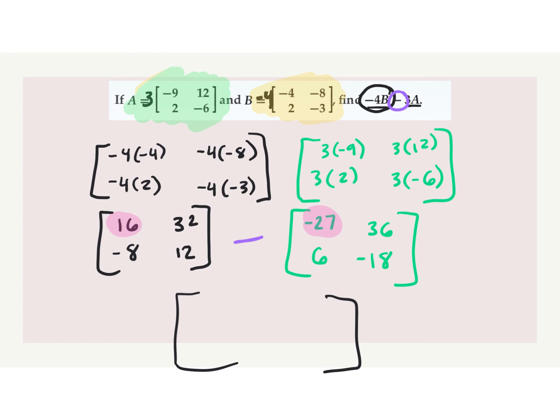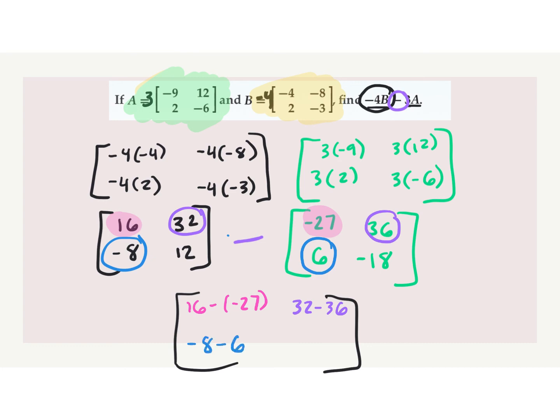So this is 16 minus negative 27. Then I have 32 minus 36. Next is negative 8 minus 6. And then lastly, we have 12 minus negative 18.